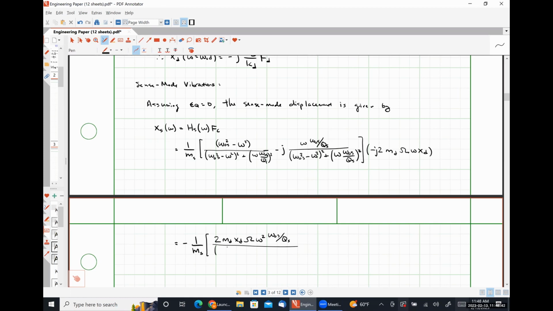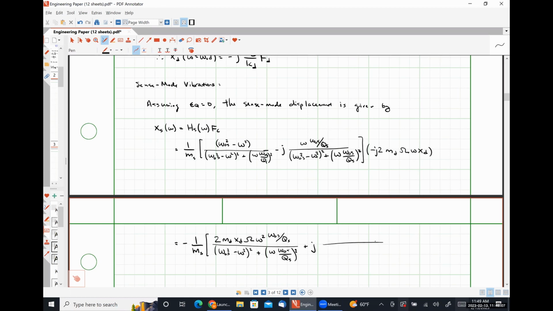divided by omega naught s squared minus omega squared, squared, plus omega times omega naught s over qs, squared, plus j, and it's plus because I factored that negative sign out of the whole thing.